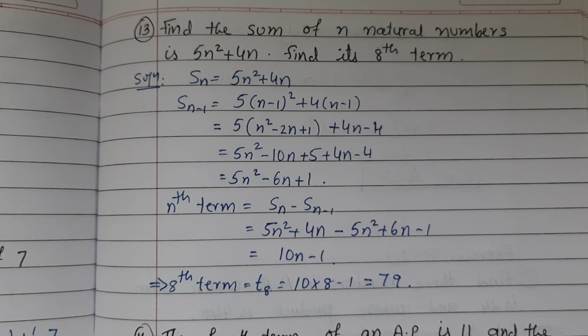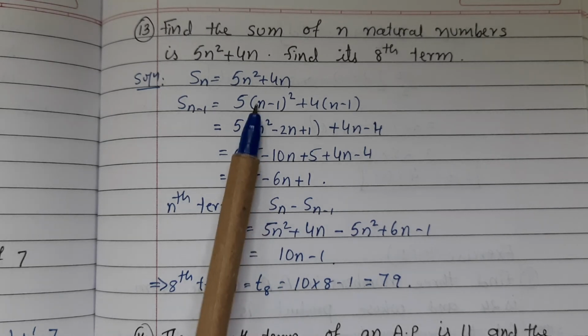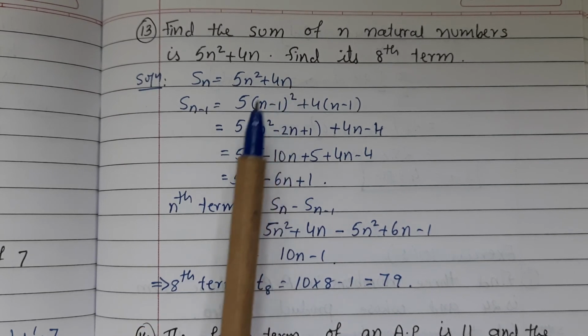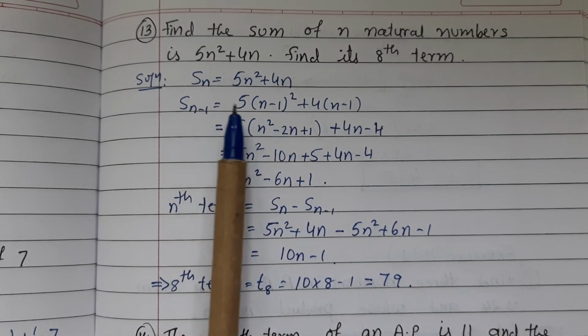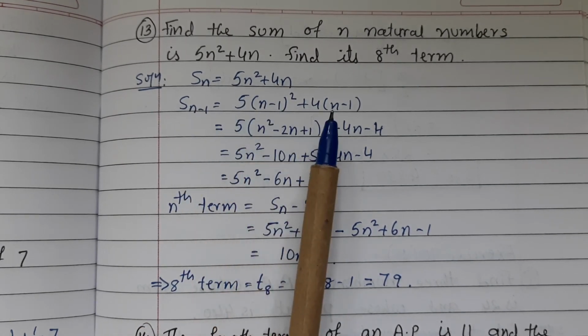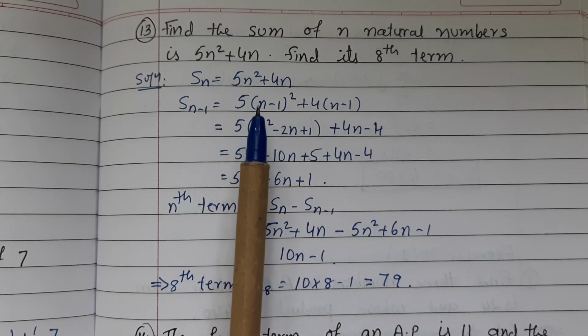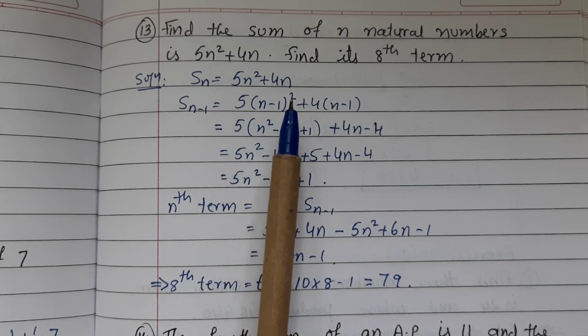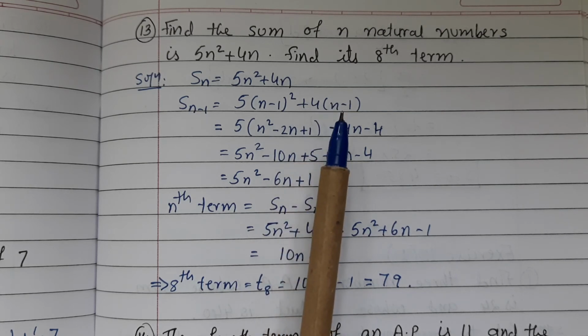Sum number 13. The sum of n natural numbers is 5n square plus 4n. Find its 8th term. Sn equals 5n square plus 4n. For S of n minus 1, wherever there is n, substitute n minus 1: equals 5 into n minus 1 square plus 4 into n minus 1.